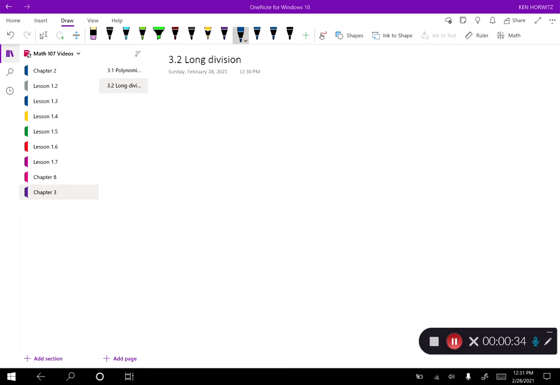If I had 88 divided by 7, I would say, how many times does 7 go into that first 8? It would be 1 time, so I'd put a 1 up here. Then I would multiply the 1 times 7 to get 7, subtract and get 1, and bring down the other 8.